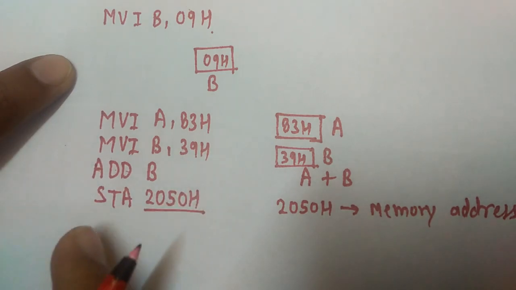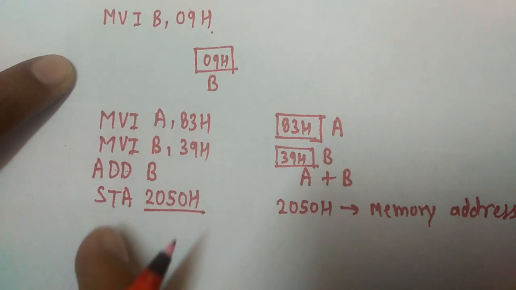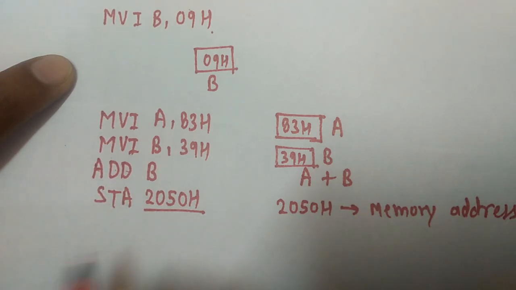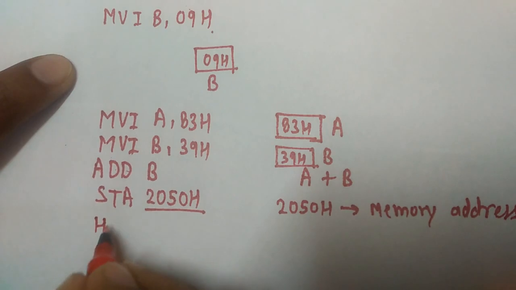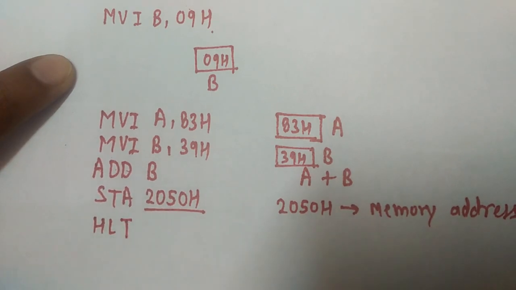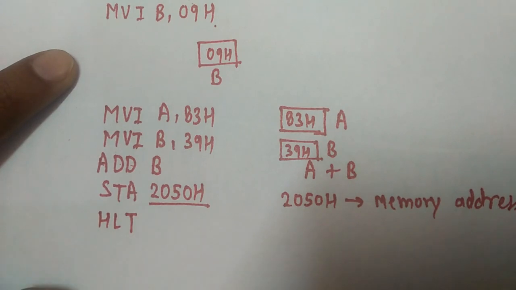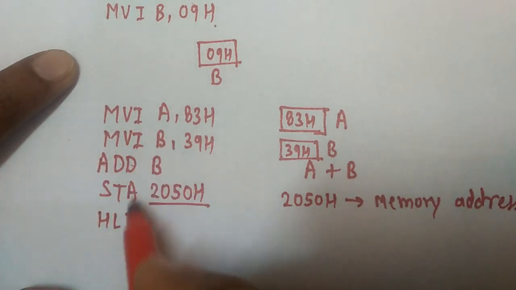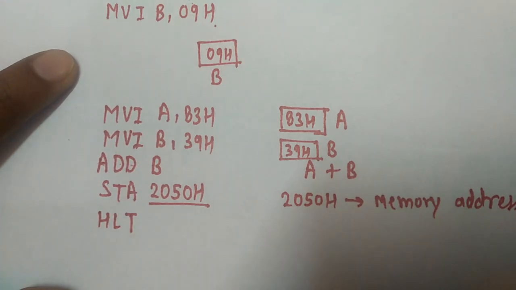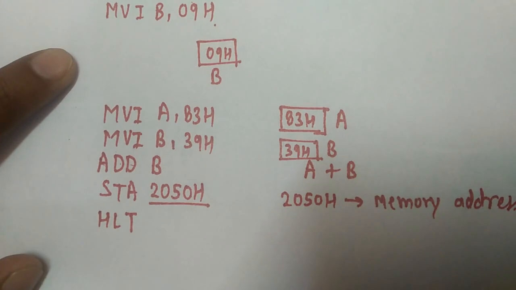So we are going to copy the answer, that means the result present in the accumulator, to this particular memory address, and after that we are going to command the processor to stop everything. What is HLT? HLT means halt. That means anything written beyond these 5 instructions will not be considered as a program, will not be considered as an instruction.